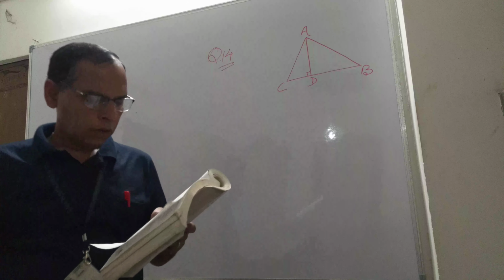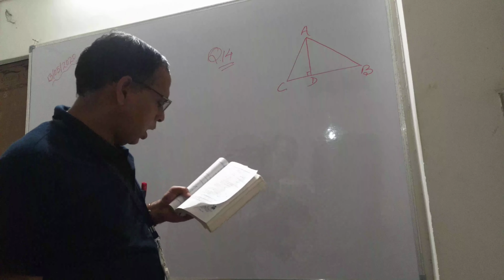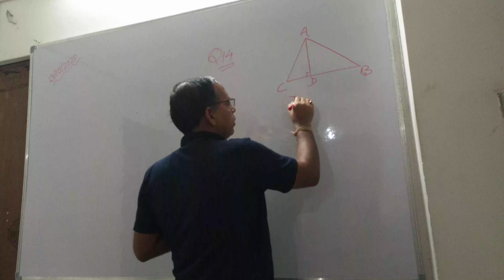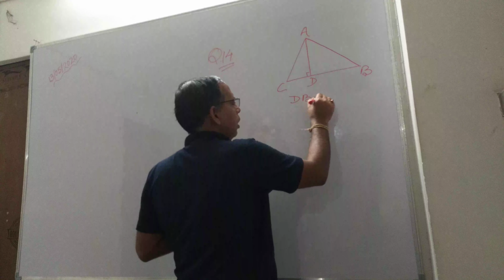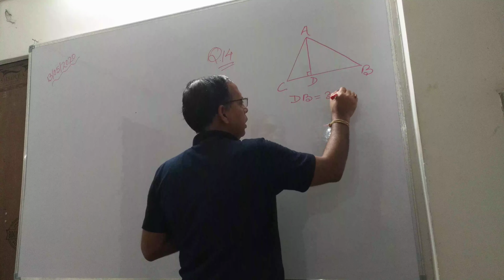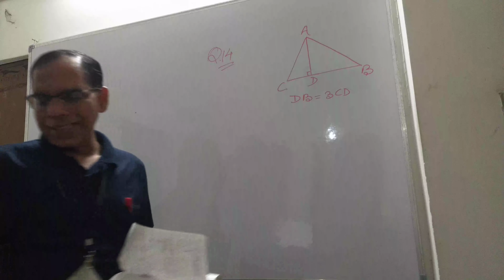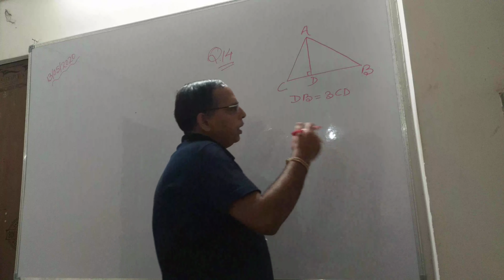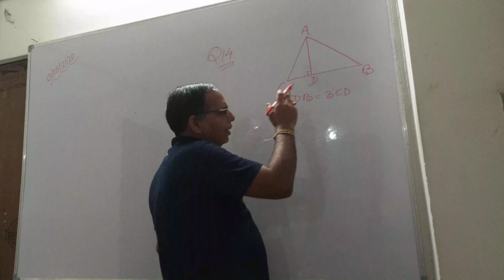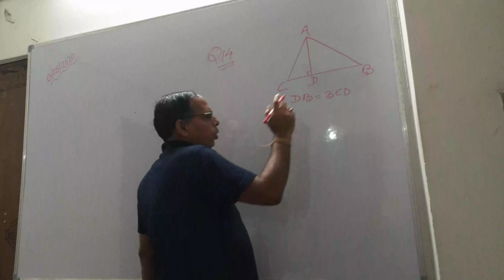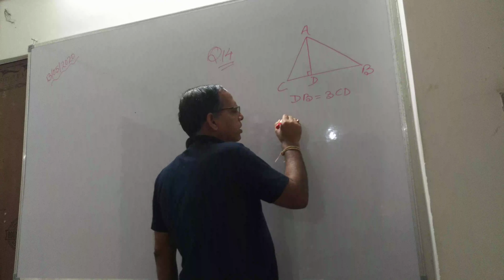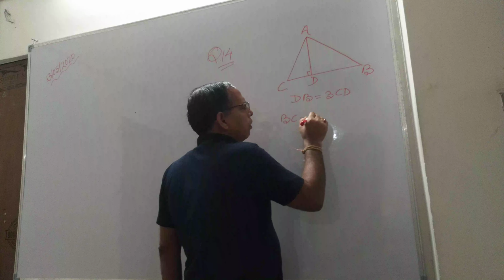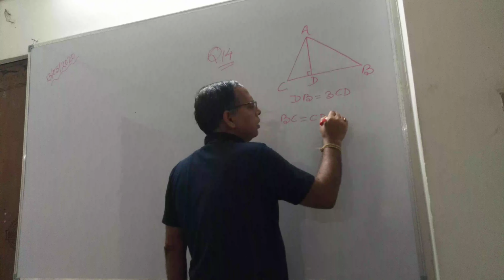Now see what you have to prove. Before that, DB equal to thrice CD. First of all you try to find out the relation between DB and BC, and CD and DB. So let's see what is BC. BC equal to CD plus DB.